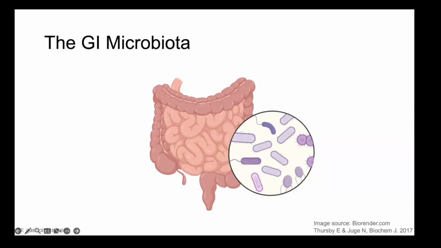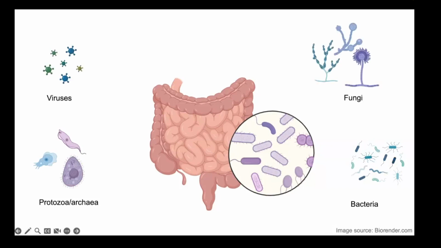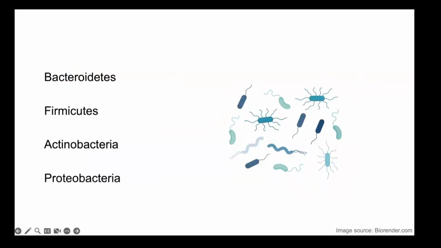And so within the GI microbiota, we have bacteria, we also have protozoa and archaea, we have viruses, and we have fungi. Specifically, when we look at the bacterial component of the GI microbiota, these are the four big phyla.